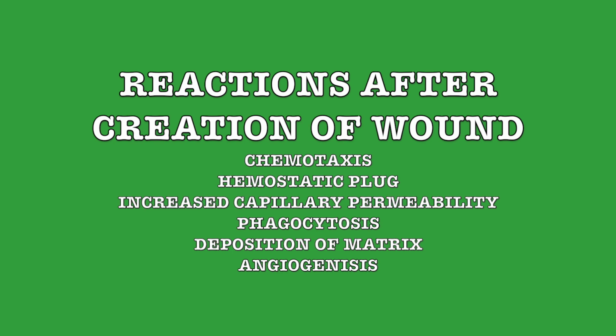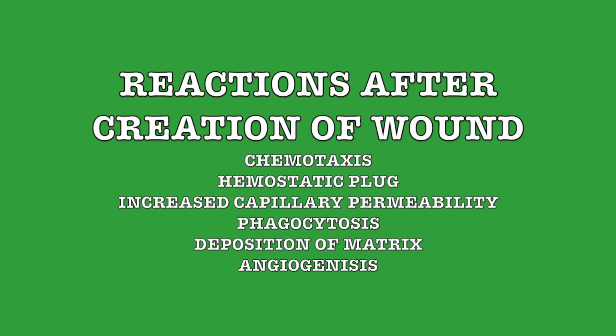So what are these cells? Phagocytosis is important because of the dead tissue that is present at the site of the injury, and the bacteria or virus that are present at the site of infection. These are phagocytosed and destroyed by the lysosomal enzymes.